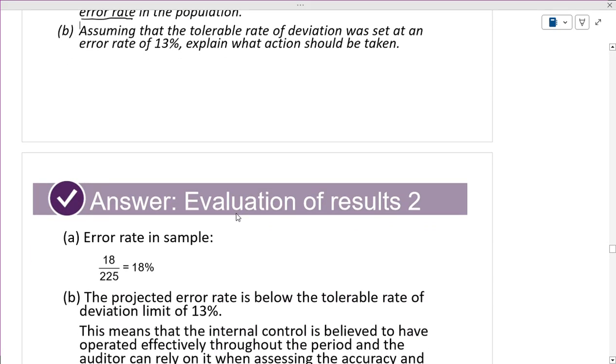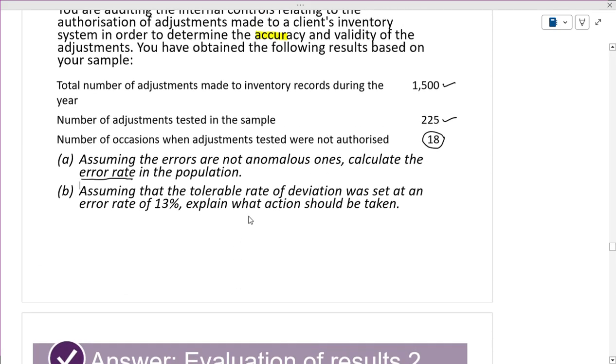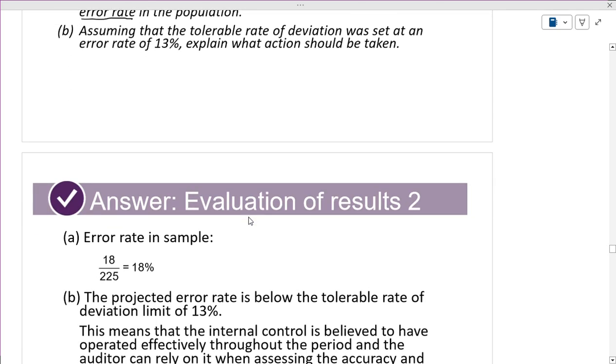First we will see what the error rate is. How many errors are there? 18. How many adjustments are there?